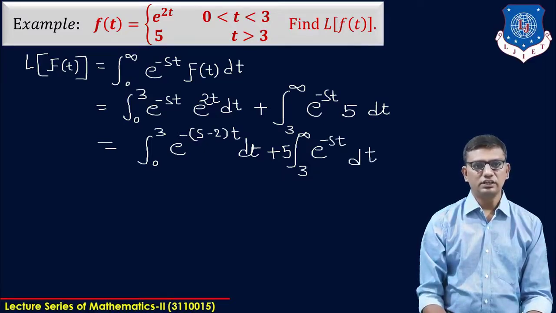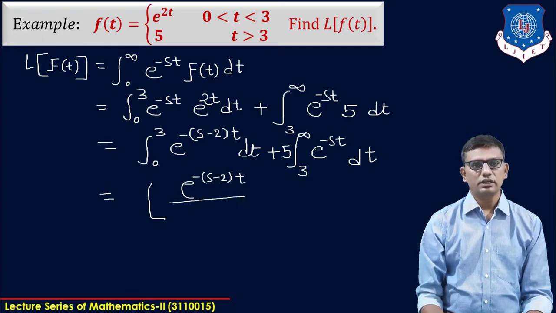Now we integrate these terms. First integration is e raised to minus (s minus 2)t upon minus (s minus 2), because s minus 2 is the coefficient of t and we are integrating with respect to t.